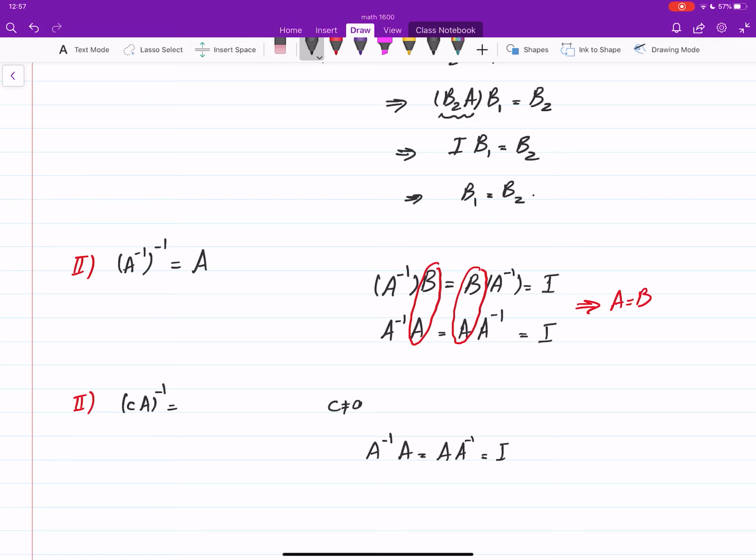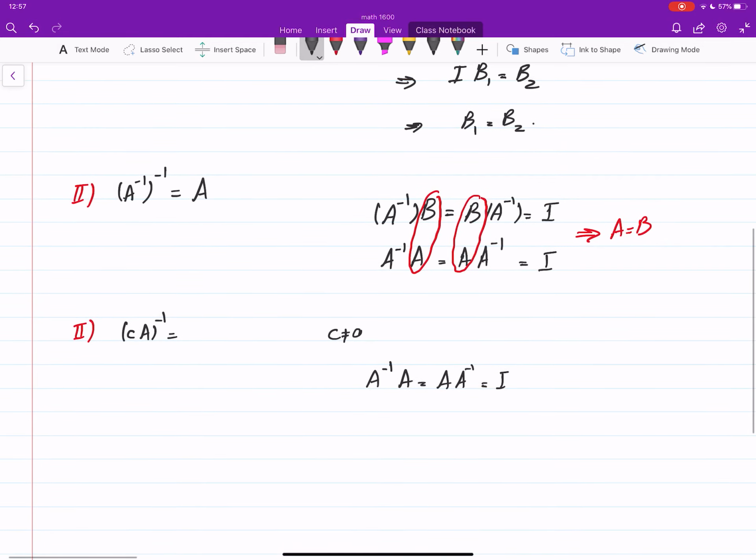Now, if you multiply A by C and A inverse, we can bring out C and write A inverse A, and this is C times identity.